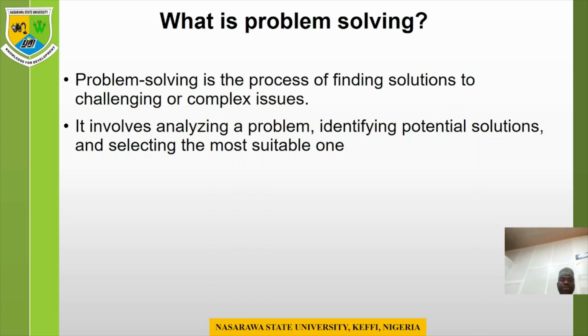After defining, identifying and analyzing your problem, the next thing is to identify the potential solutions. In most cases, or in almost all cases, there is usually not a single path to a solution. There are many paths to solutions. So which solution do we have to take?